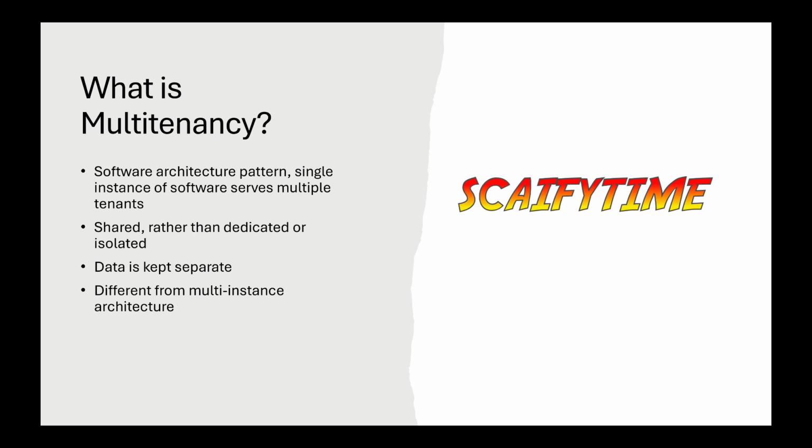Each tenant has its own users, permissions and data, but everything runs on a single deployed application and database. This is different from multi-instance architecture, where each tenant gets a separate software instance and database. That can lead to higher costs and maintenance overhead.